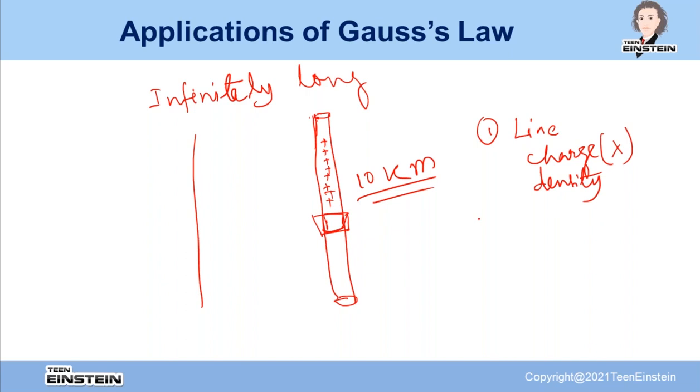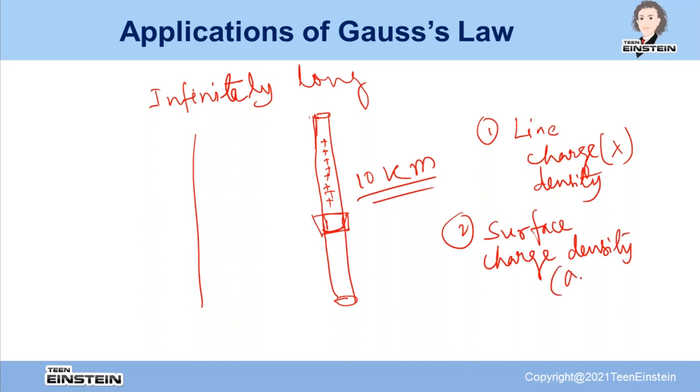Then we have surface charge density, which is denoted by sigma, and we have volume charge density.